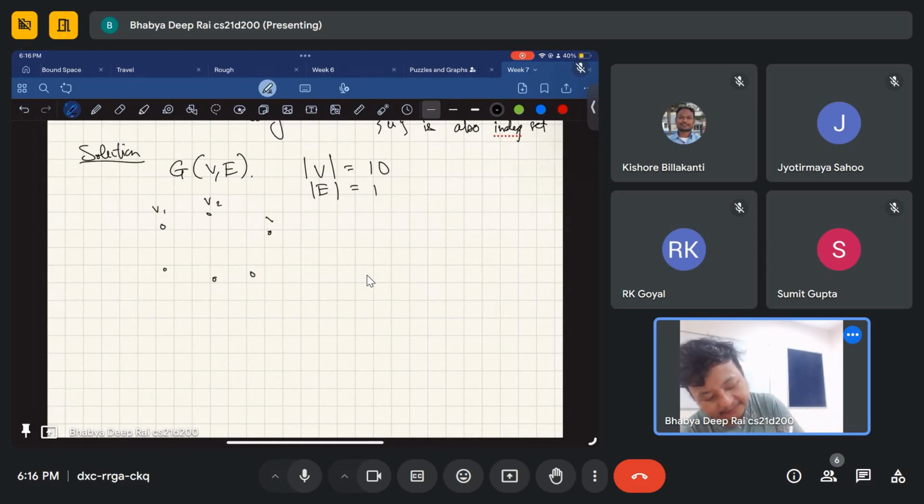So let's say V is v1, v2, and so on till v10.